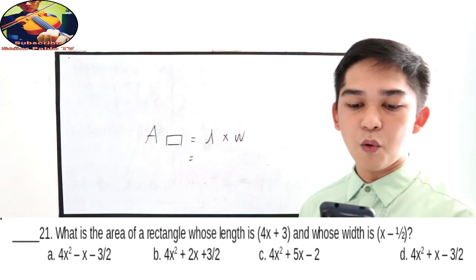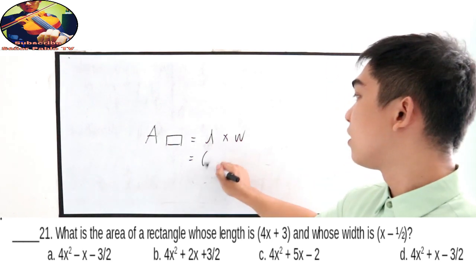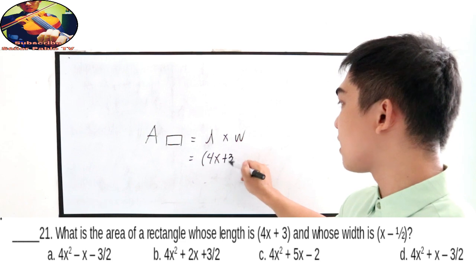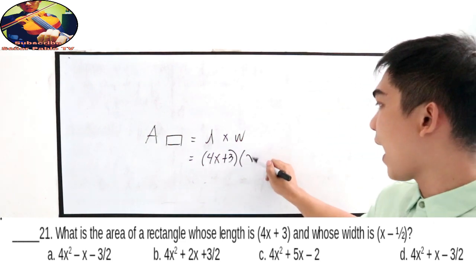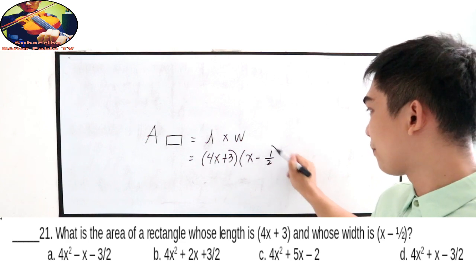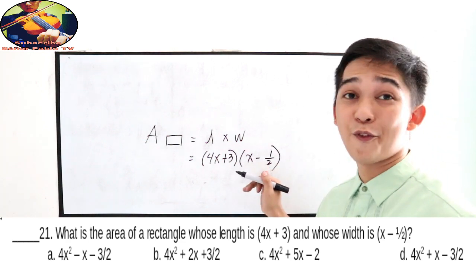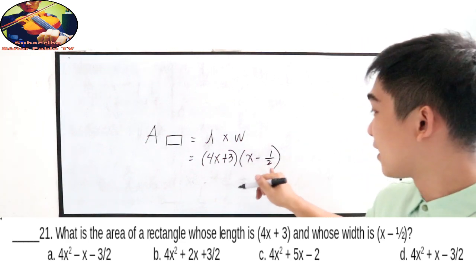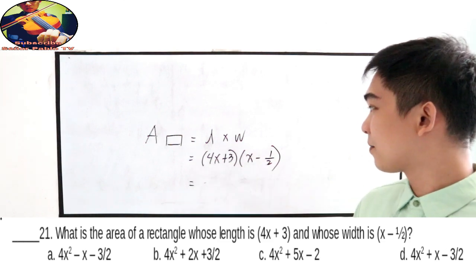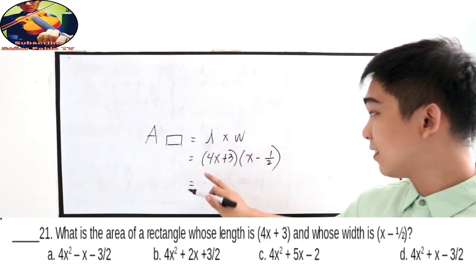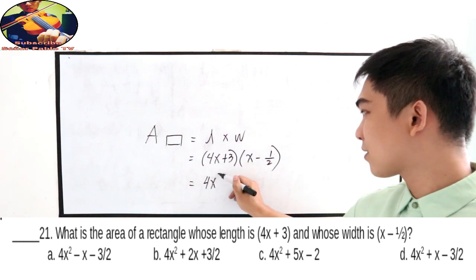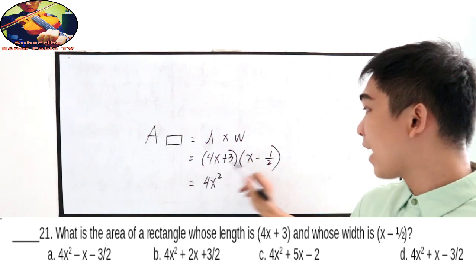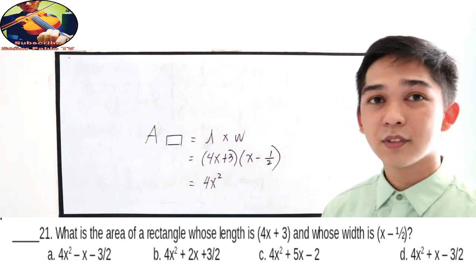In the given, our length is 4x plus 3 times our width is x minus 1/2. Fraction. Baka natakot na naman kayo dyan. Next, FOIL natin. 4x times x, 4x squared. 4x times negative 1/2.